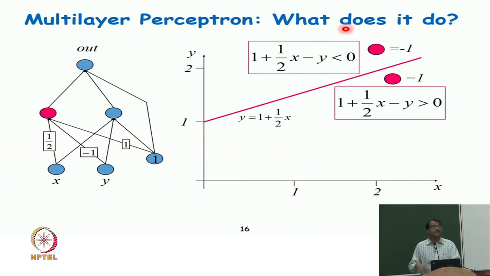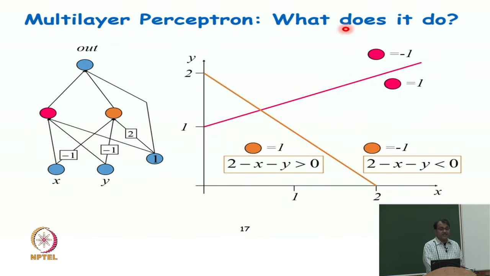One side would be positive 1, the other side would be minus 1. Similarly, if you look at the other neuron, which is the orange neuron, one side of it would be greater than 0 and one side of it would be less than 0. So here, if you think about it, this is the part where orange is 1, this is the part where orange is minus 1. Similarly, this is the part where pink is minus 1, this is the part where pink is 1.